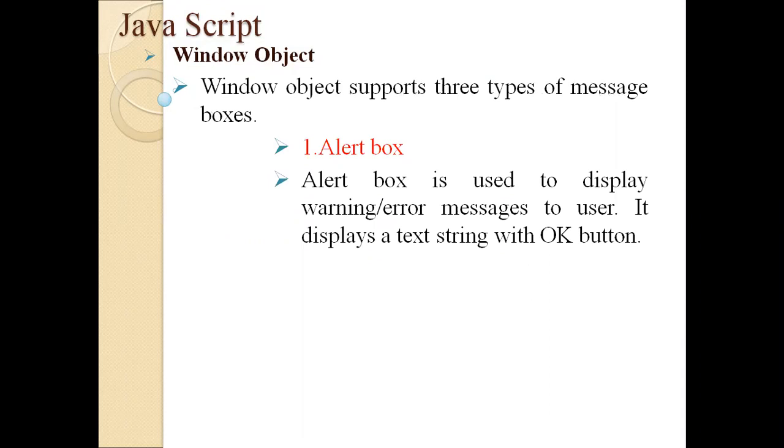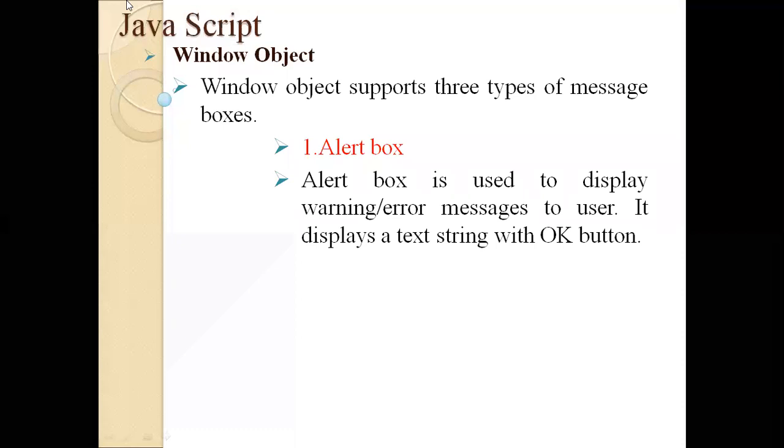If we want to display a warning message or an error message to the user, we can make use of this alert box. It displays a text string with an OK button. So a window will be created. On that window, there will be some text, right?